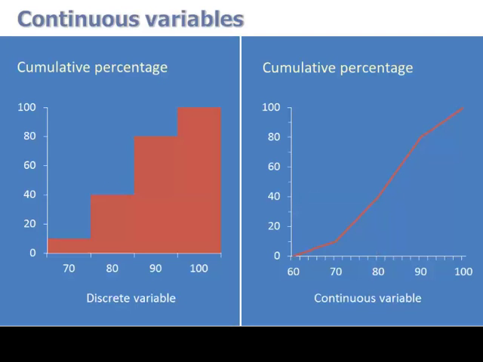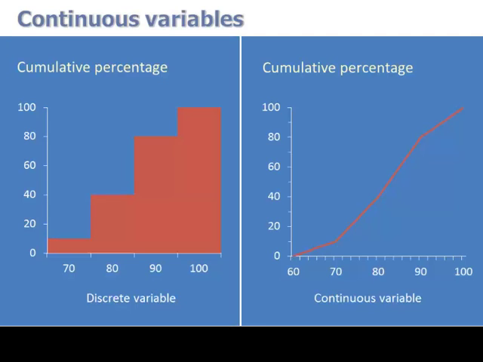Suppose we want to find the median test score. We know that the median is the middle score. Half of the test scores are less than the median, and half are greater than the median. So the median is the test score that has a cumulative percentage of 50%.